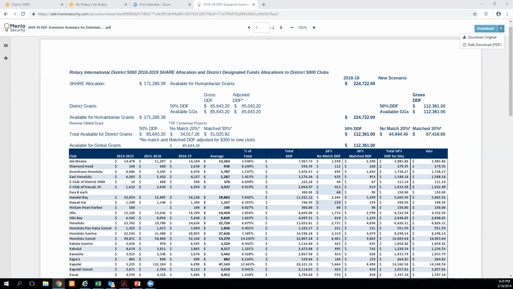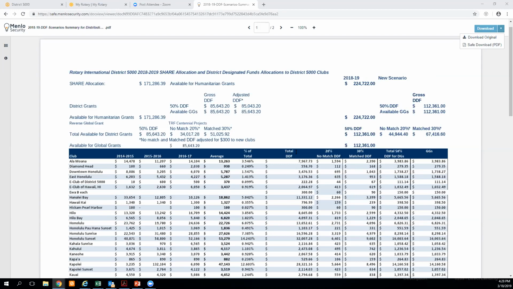Because that $560 is then going to be matched again by the Rotary Foundation, right? So their numbers will quadruple, basically, from what they're giving to about 3.5 times. So even though your numbers may look small, you can have an impact for both district grants and global grants.